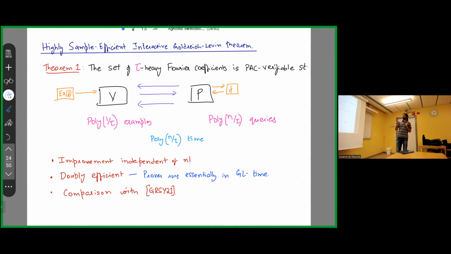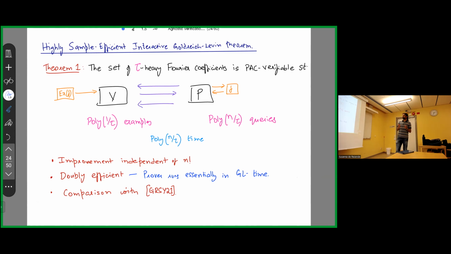If tau is, say, 1 over 1000, and you want to learn all the 1 over 1000 heavy Fourier coefficients in the function, then the number of random examples you need to verify this is constant, whereas the number of queries is still polynomial in n. So this is an input-independent separation.